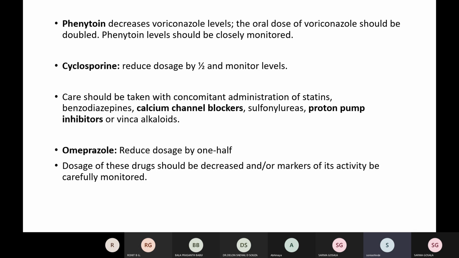If we are giving omeprazole, reduce dosage by half. Dosage of these drugs should be decreased or their markers of activity should be carefully monitored. Like if the patient is on sulfonylureas, monitor blood sugars tightly, or if he is on calcium channel blockers, monitor blood pressure very closely. And if any signs of toxicity are seen, reduce the dose of these drugs.